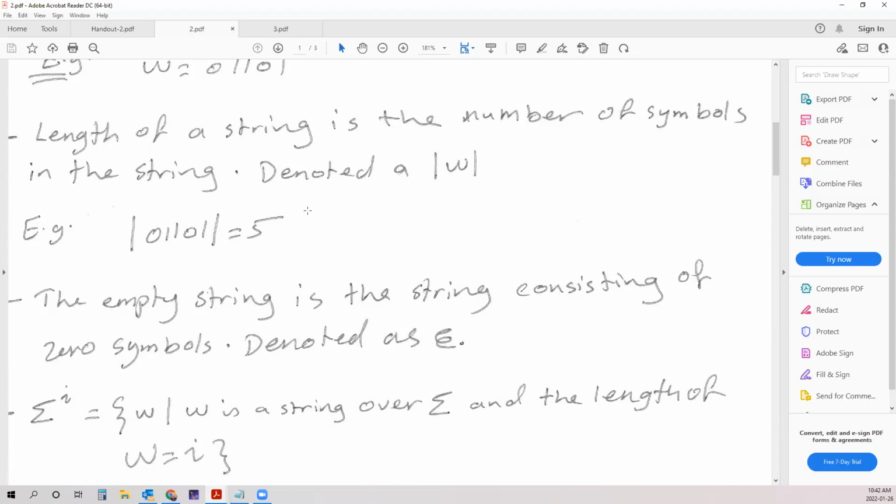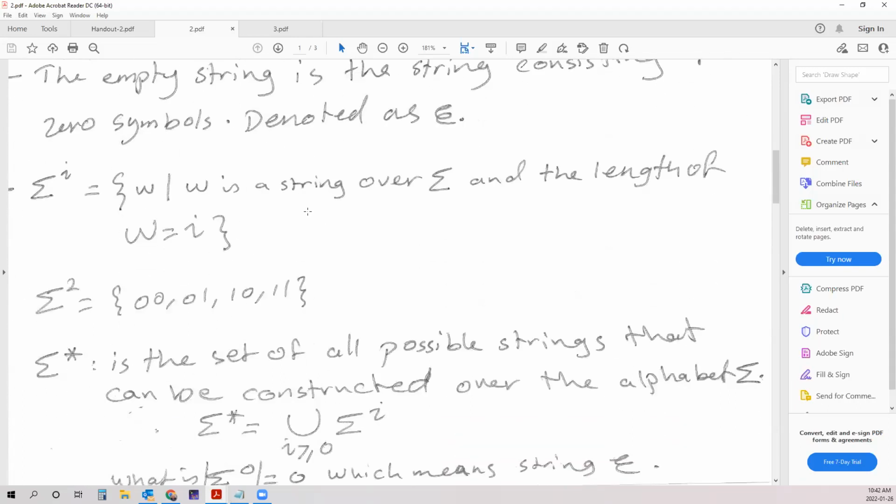Sigma 4 consists of 4 symbols of that alphabet. For example, if my sigma is 0 and 1, and I say sigma squared, that means any combination of 2 symbols of that alphabet, which is 00, 01, 10, and 11.